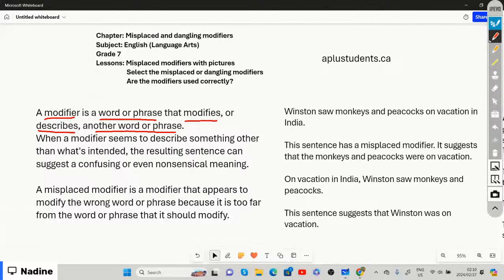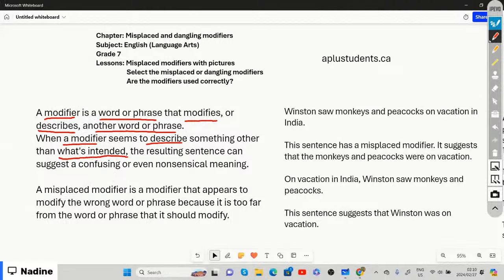It's almost like you're going off topic. Like I said earlier, an adjective or an adverb either describes or modifies the noun or the verb, right? A modifier also seems to describe something, but when it seems to describe something other than what is intended, it's going off topic and not describing what it's intended to describe.